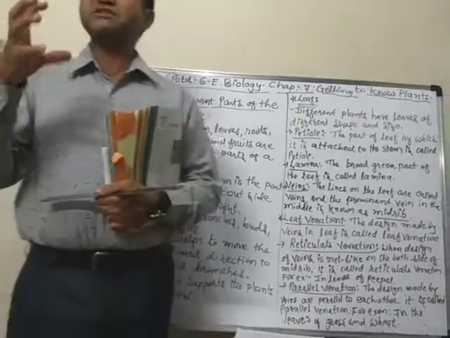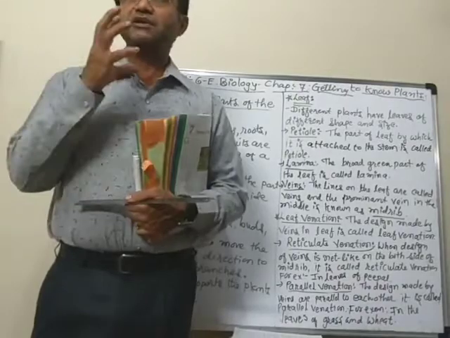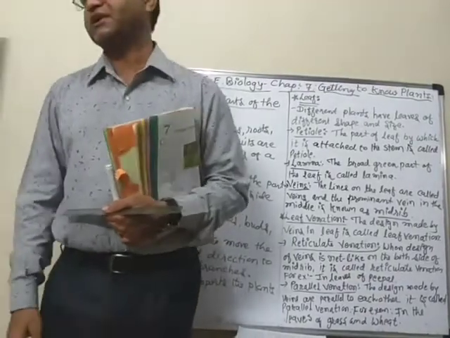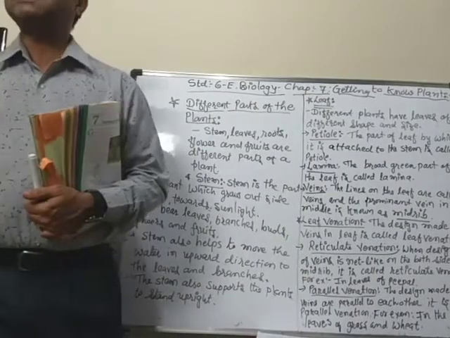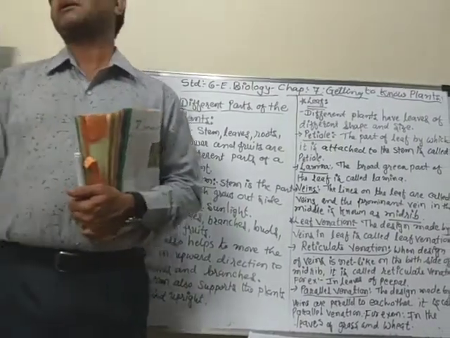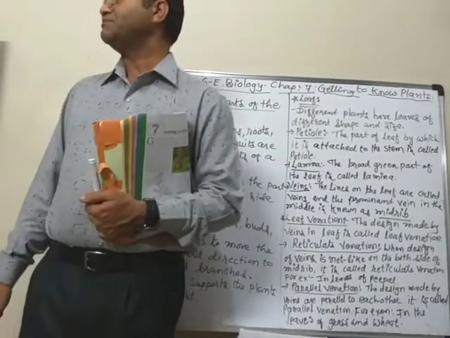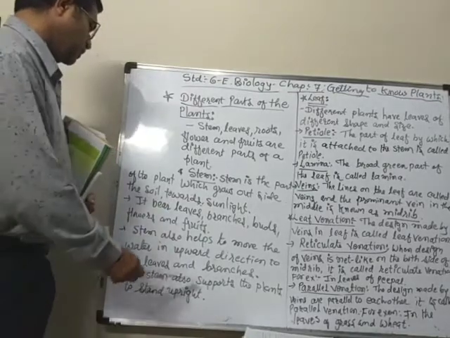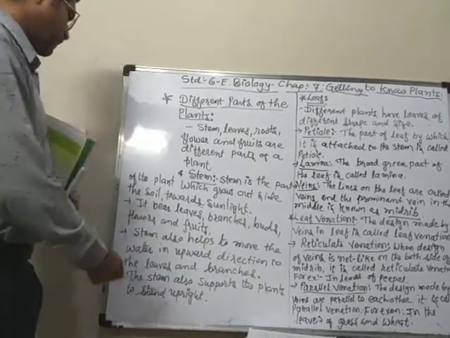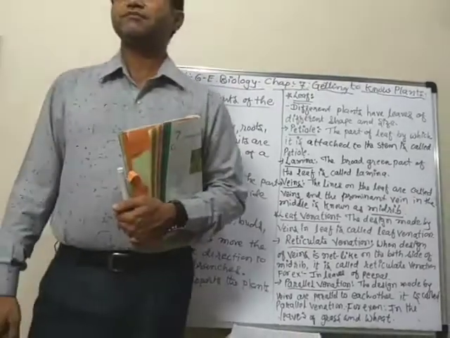Means it is supporting them, and it spreads all of them such that all the leaves can get enough sunlight and air. So that is the main part of the stem. It supports the branches also, and the stem also supports the plants to stand upright.